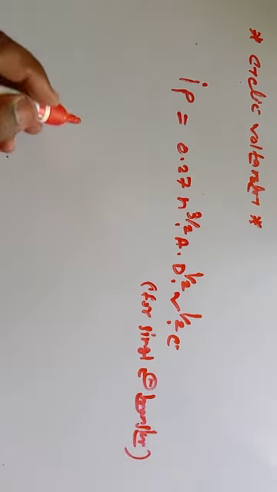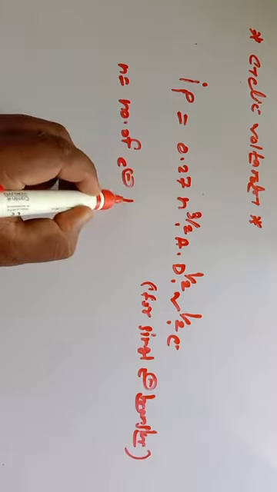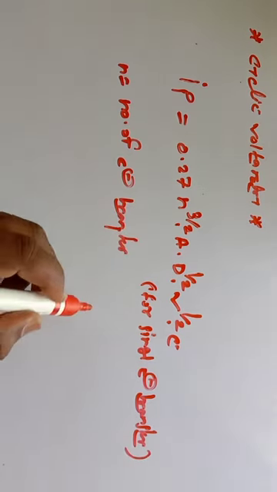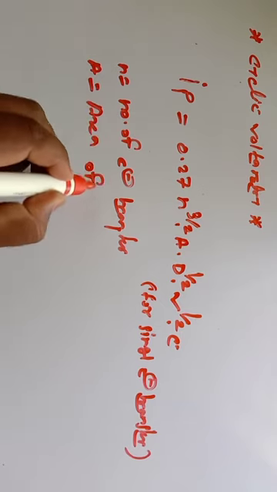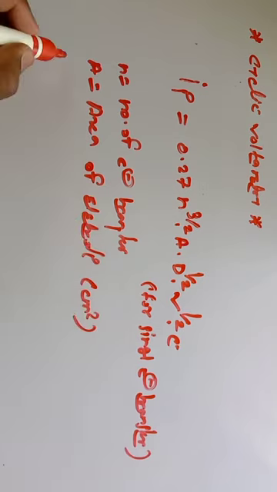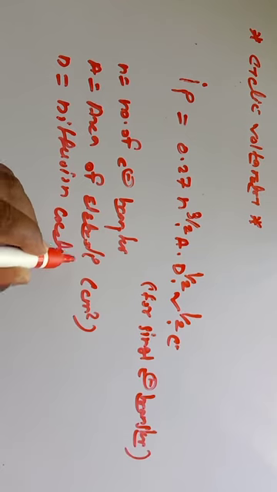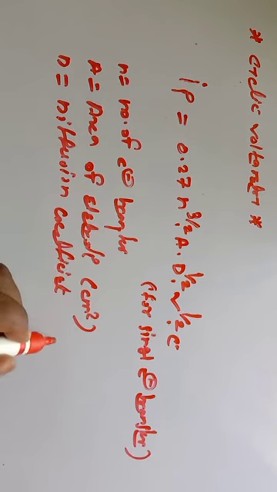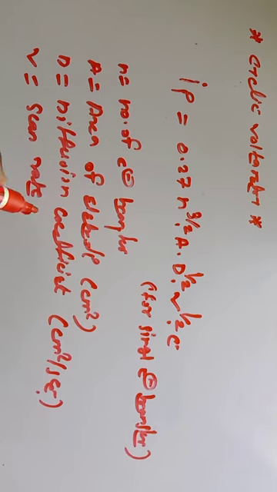Here n is the number of electrons transferred, A is the area of the electrode at which oxidation or reduction takes place, in square centimeters, D is the diffusion coefficient, in square centimeters per second, v is the scan rate, and C is the concentration in millimoles.